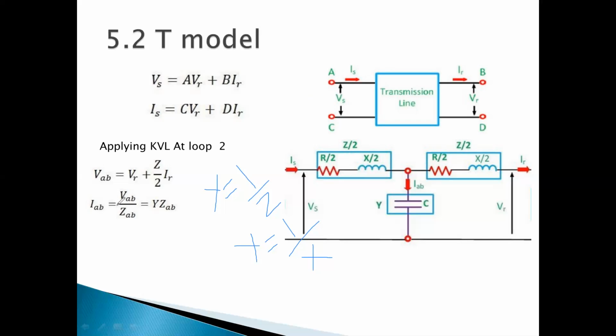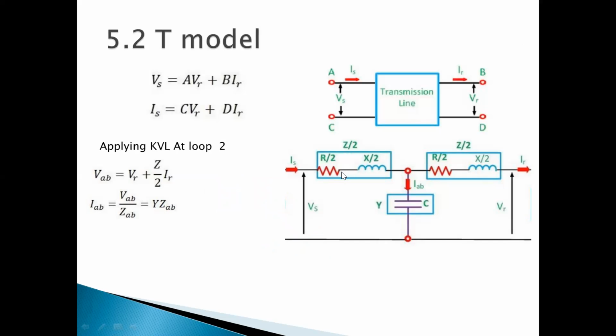So 1 over ZAB we have replaced with YAB, or we just call it Y over here, okay? Because there is only one parallel component here. So we just call it Y, don't call it YAB. It's the same thing. So 1 over ZAB is replaced by Y here. And this is not ZAB, this is VAB. This is not Z, this is V. Because ZAB we have replaced over here. Okay.